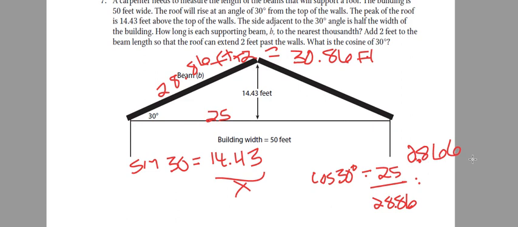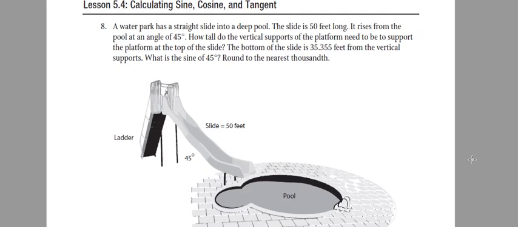All right, y'all, we are almost done here. So for the next question here, they are just asking you to find this value here. It tells you that that is 35.355 there. And it is asking you to find basically the sine of this 45 here.